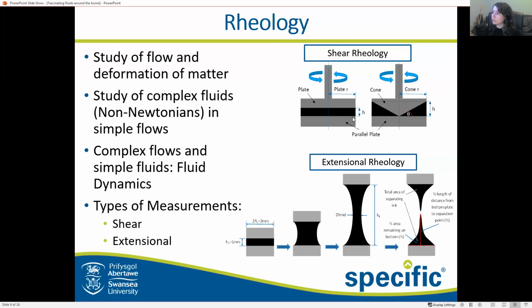So these things are really good for understanding how readily something will flow. So is it very viscous? Is it going to have a lot of resistance if I try and stir it? Or is it very low in viscosity? Is it just going to flow everywhere and take no effort to stir at all?